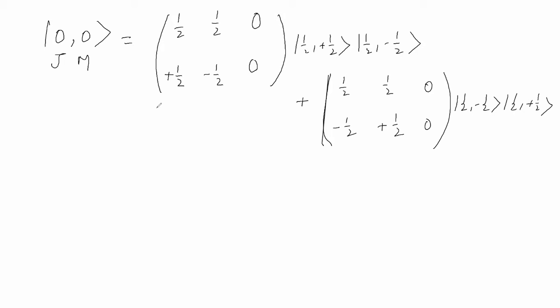And we will see that this value will turn out to be 1 by root 2 with a positive sign, while this value will turn out to be minus 1 by root 2.